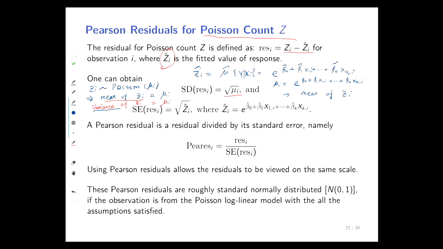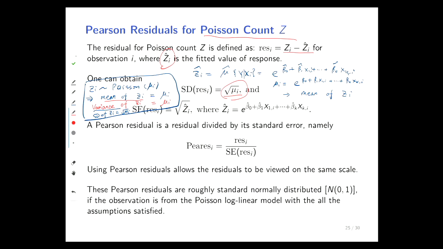Similarly to the computation of the mean, you can compute the variance, and you can find that for the Poisson distribution, the mean equals the variance. I think this is the only distribution we have where the mean equals the variance. Because the mean equals the variance, the standard deviation of zi equals the square root of mu i. Similarly, we have this result for the standard deviation of the residual.